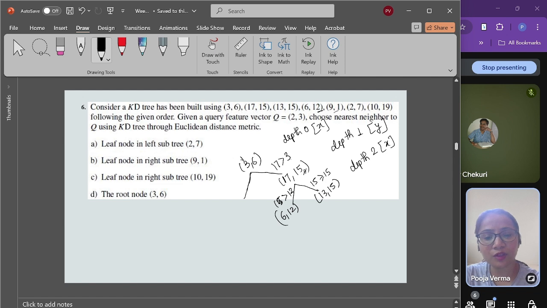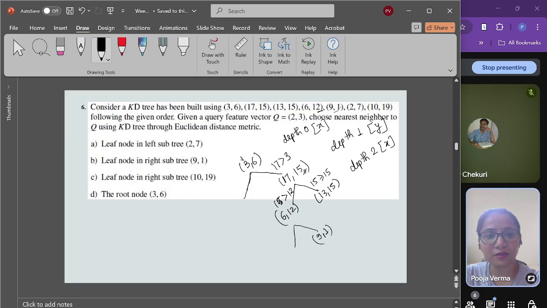Again 9 is greater than the root node value 3, so it will go to the right side. Now on the right side we need to compare the y value. Here 15 is greater than 1, so it will go to the left side. On the left side again we need to compare 12. So 12 is greater than, so it will go to this right side, right? 9, 1 will come here to the right side.